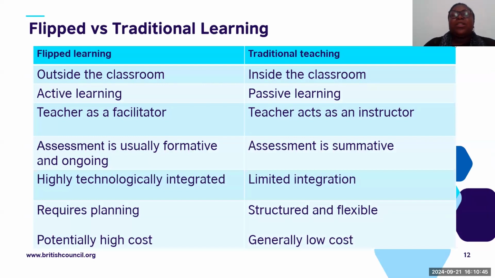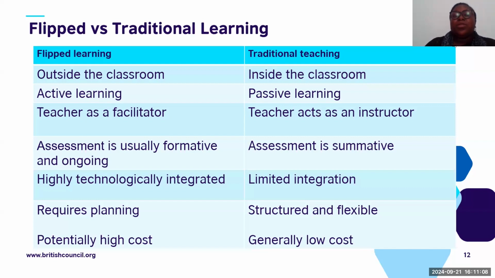In a flipped learning situation, it mostly takes place outside the classroom, like we said, asking learners to go home, watch videos, and come back. Meanwhile, in a traditional teaching environment, everything takes place in the classroom, making traditional teaching much more passive, so the learners are not given room to engage or interact.